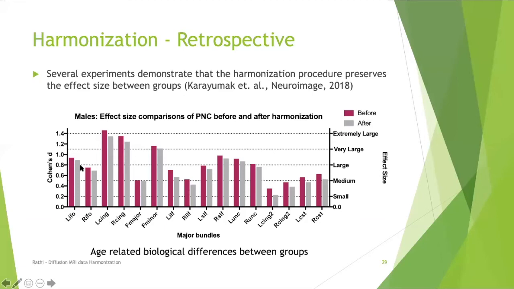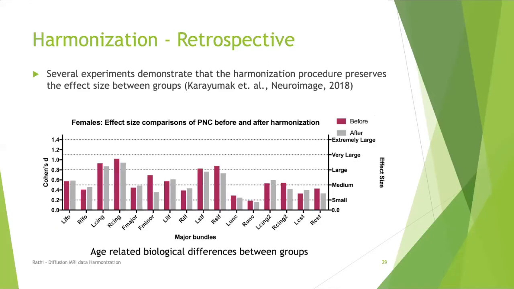The effect sizes pretty much follow the same trend, which means that before and after harmonization, the effect sizes haven't changed much. There are minor differences, but they're really very close. And another example here, we did it in females. Again, age differences between the 2 groups exist, and we calculated the effect sizes before and after harmonization in a number of these different white matter regions.